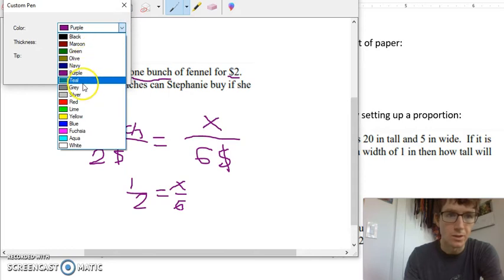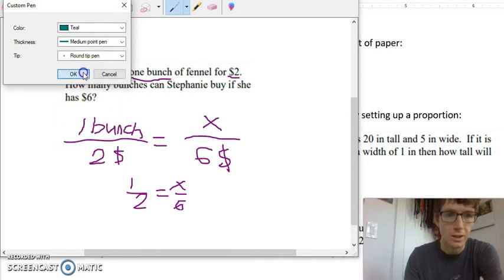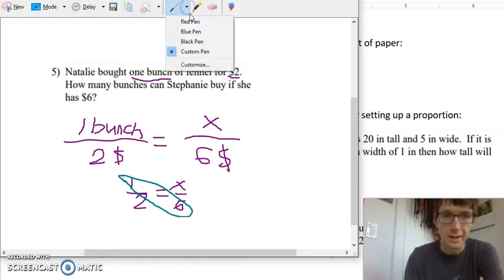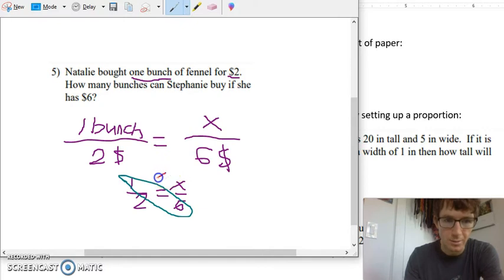So let me do this, and I'll do the teal. Okay, so same thing as before. We're going to do cross multiplication. So I'm going to multiply this side, that diagonal, by this diagonal.